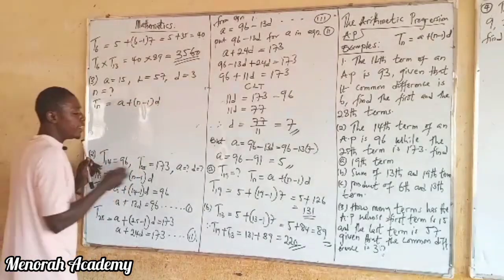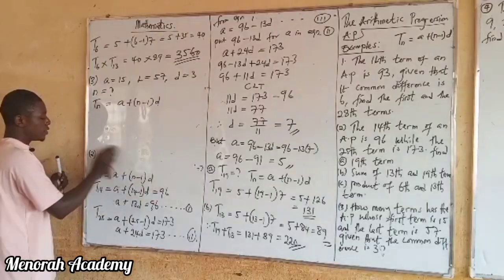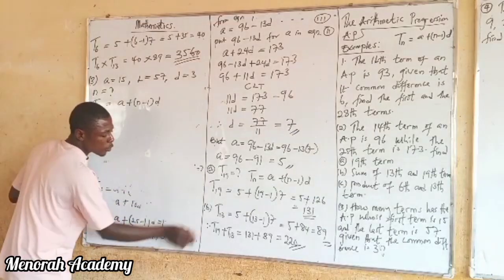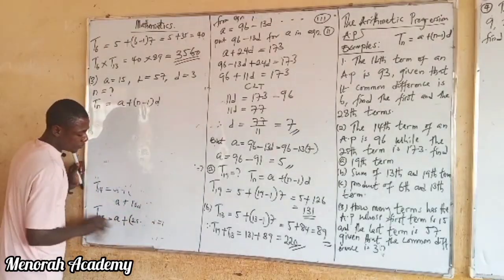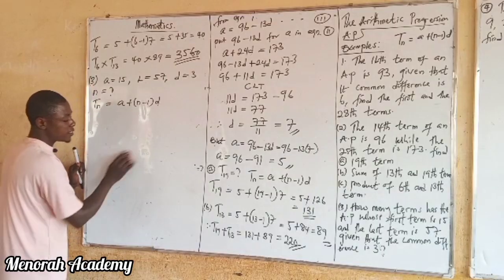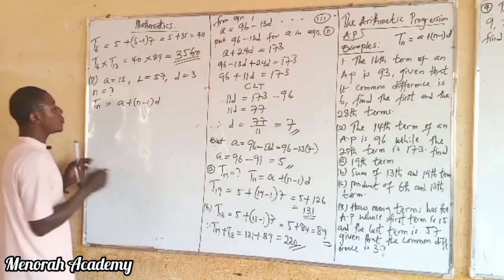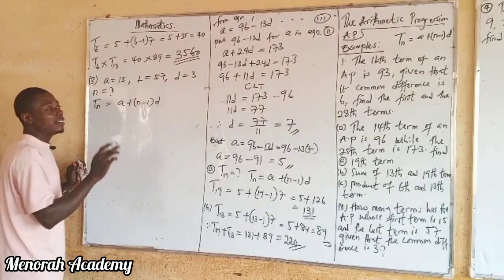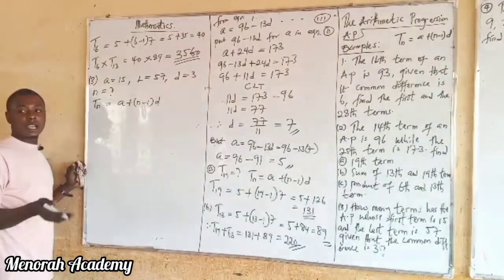So in every sequence, you discover that the number of terms represents n, and the last term we always count.